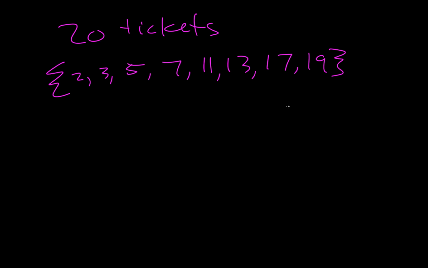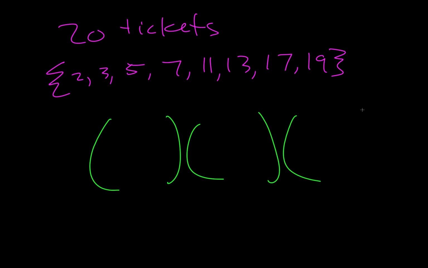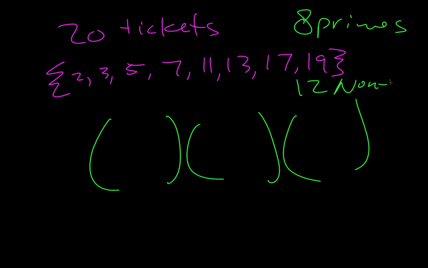We're going to draw 3 tickets, and I like to set it up like this. We have 8 primes and 12 non-primes. That's essentially all we're worried about with this.